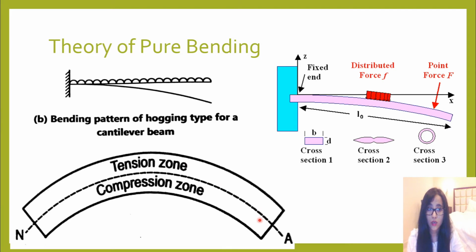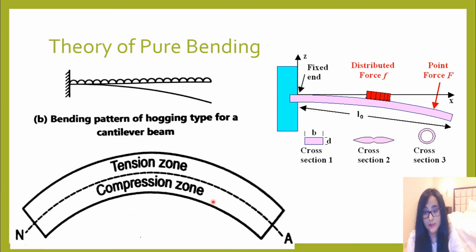So for the cantilever beam, the tension zone is above the neutral axis, whereas the compressive zone is below the neutral axis. अब यहाँ पर you have a neutral axis, और neutral axis के ऊपर जो रहते हैं यहाँ पर tension zone रहते हैं, और neutral axis के below compression zone, right?